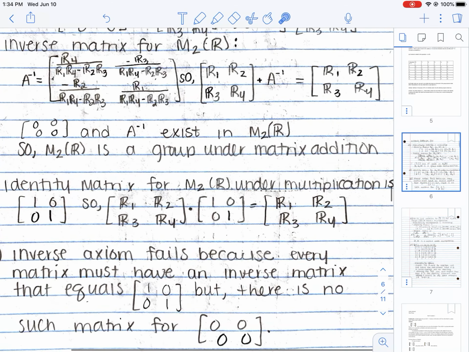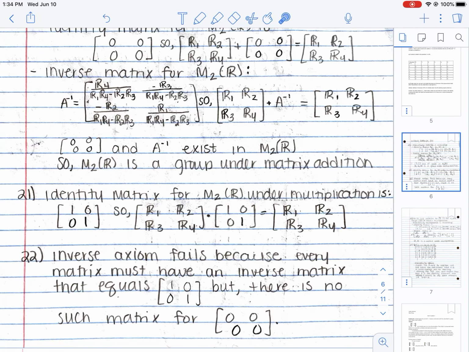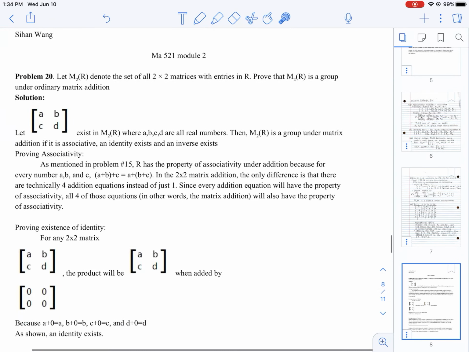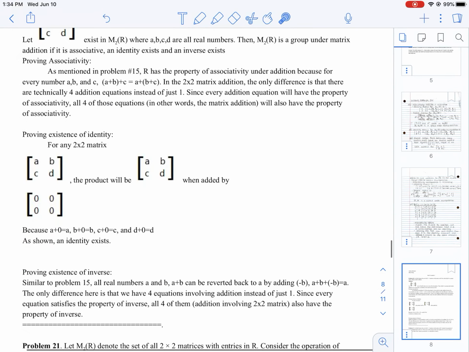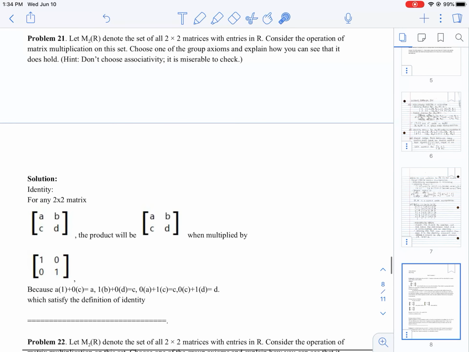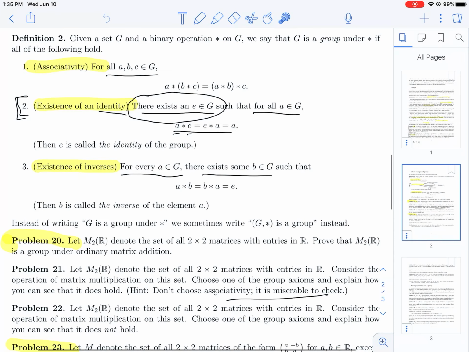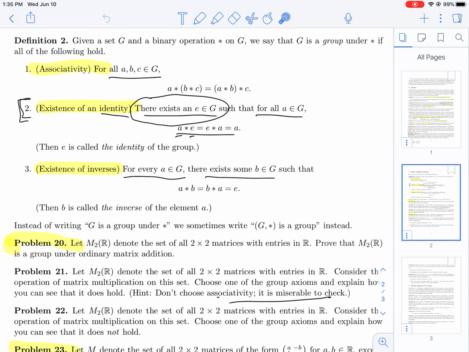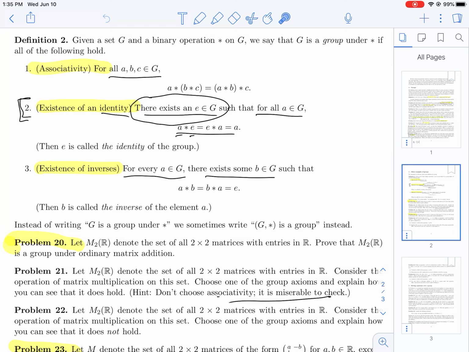So notation here is a little confusing, but I can tell that this is still an A times E kind of thing. So that is something that we should just remember to look out for. Whenever we show that something is an identity, like in 21 here, we have to consider multiplication in both orders, because we're not assuming that A times E and E times A are the same thing.